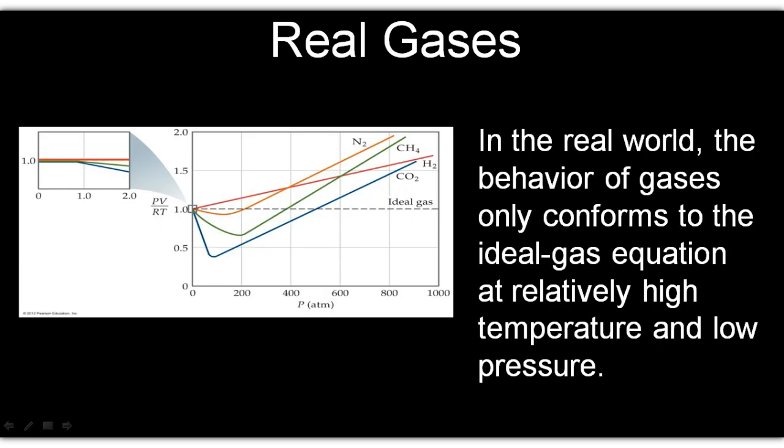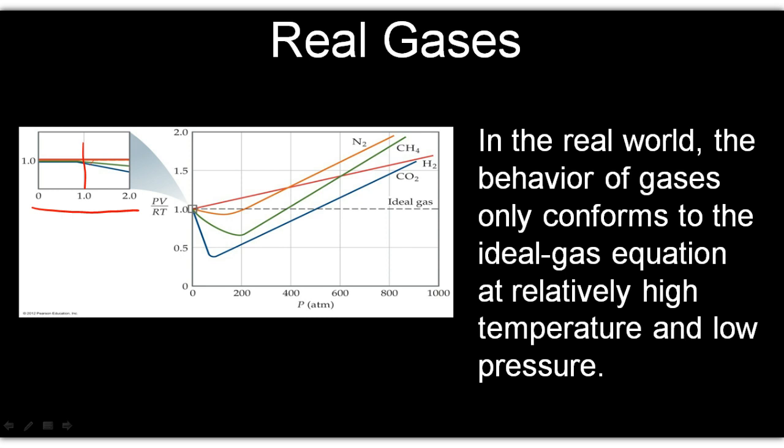So, deviations from ideal gas behavior. This portion on the left-hand side is looking at a gas with the pressure fairly close to 1. Notice that even at 1, you're having some slight deviations.